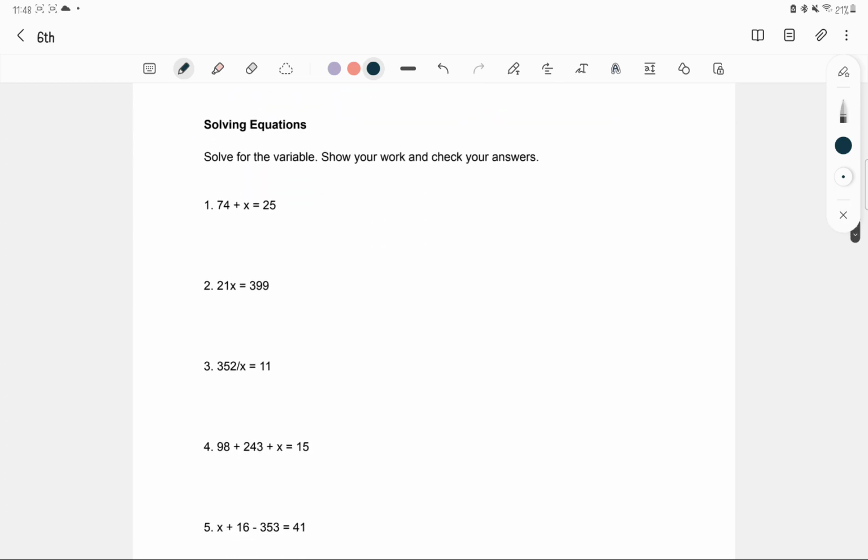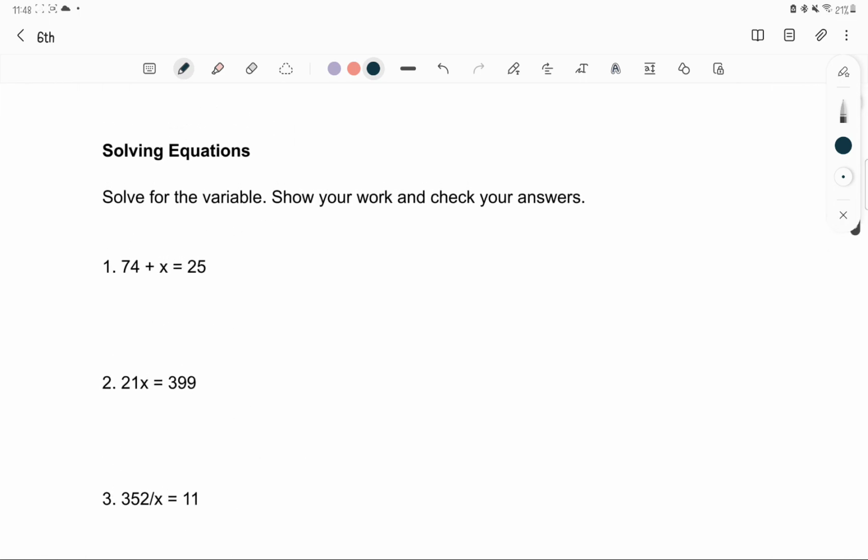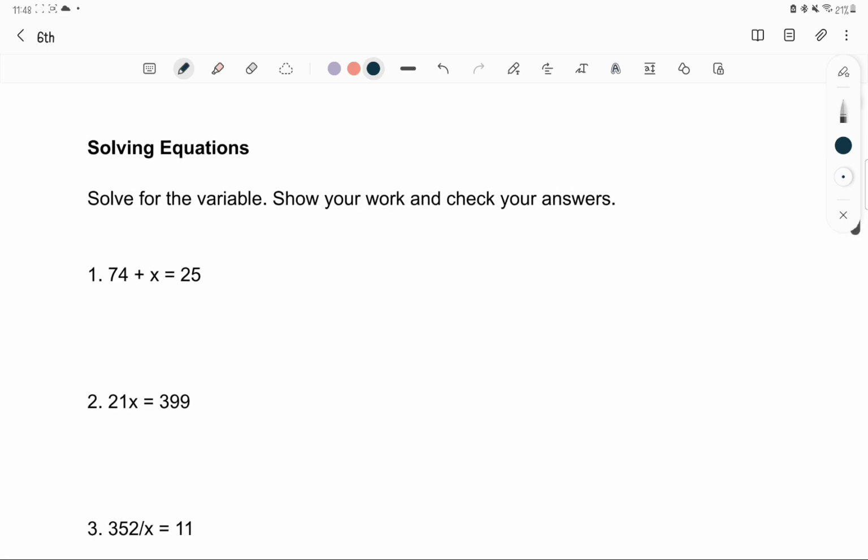Okay, moving on to solving equations. For solving equations, it means that you have to solve for the variable, which is indicated right here. Variable means any letter that refers to the unknown value.